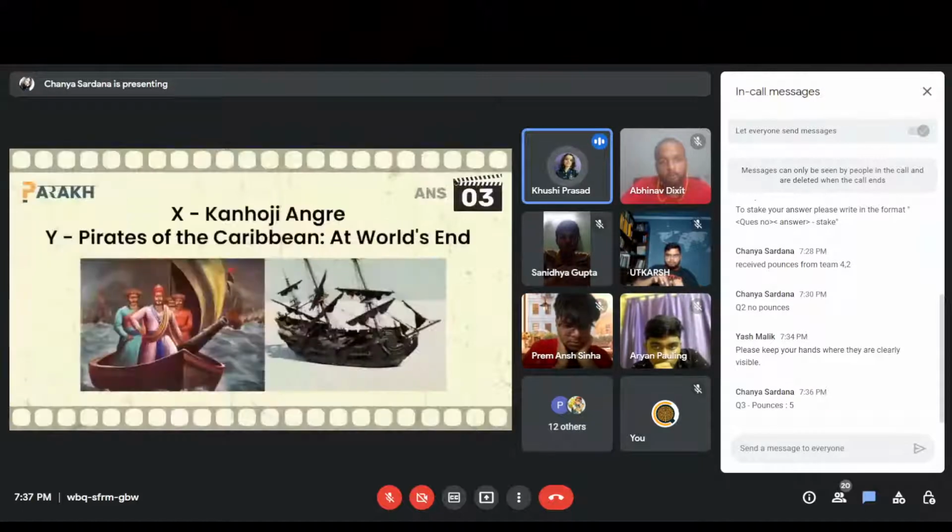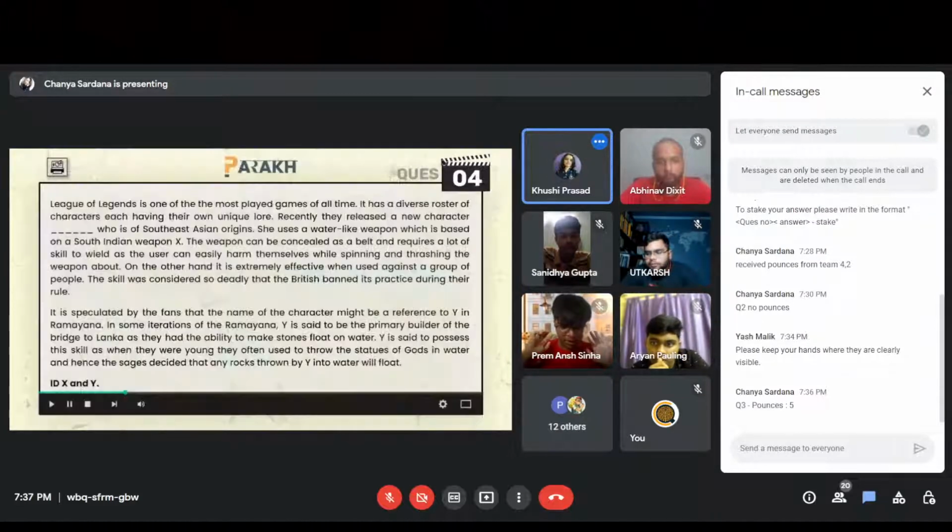So team 5 guessed it correct on pounds, so team 5 will be given 20 points. Team 3 guessed Y correct, so they'll be given 10 points. And team 4 guessed X correct on bounce, so they'll be given 5 points. So on to the next question.